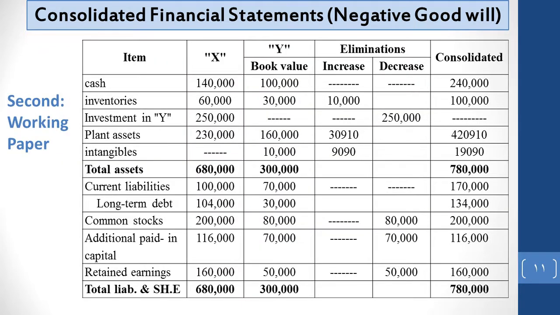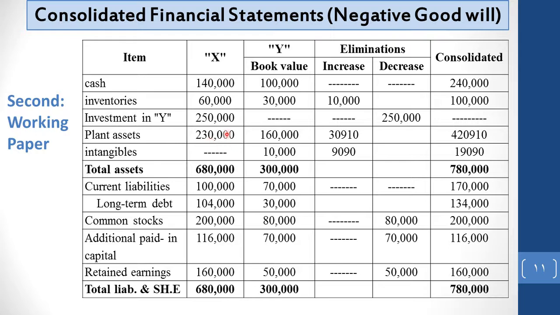Now we are ready to prepare the working paper like we have done before. We're going to add the cash of X plus the cash of Y, inventory of X plus inventory of Y, plus 10,000 from the elimination entry in the debit. Investment in Y will be eliminated.